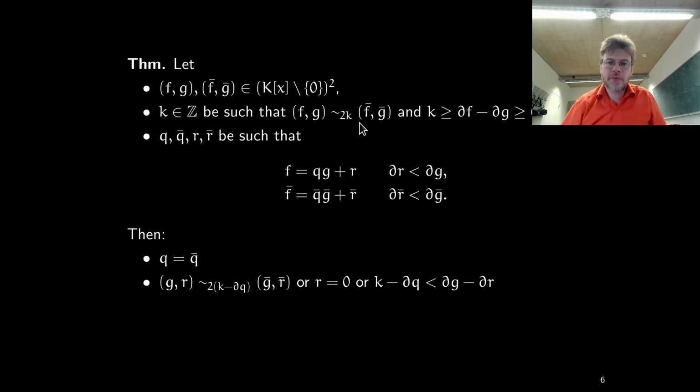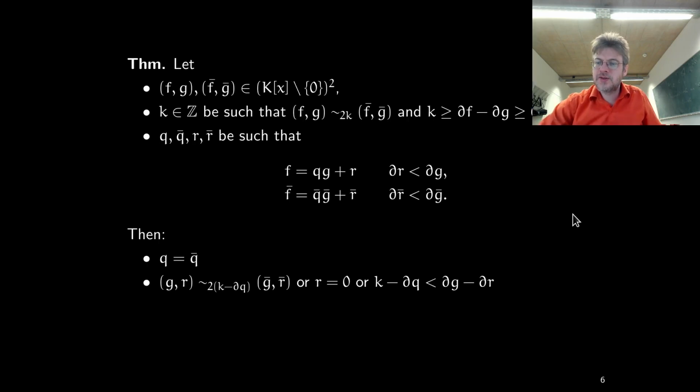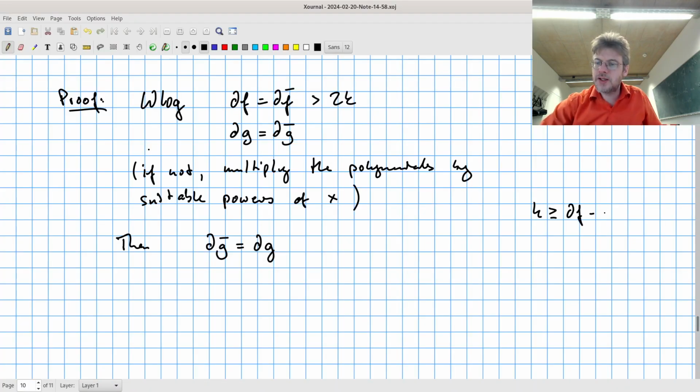Here I have the assumptions that these two pairs coincide, and that the k is at least this one. So let me copy this. K is at least degree f minus degree g, and this is non-negative.